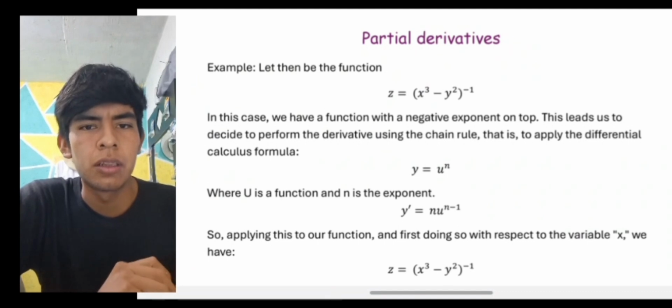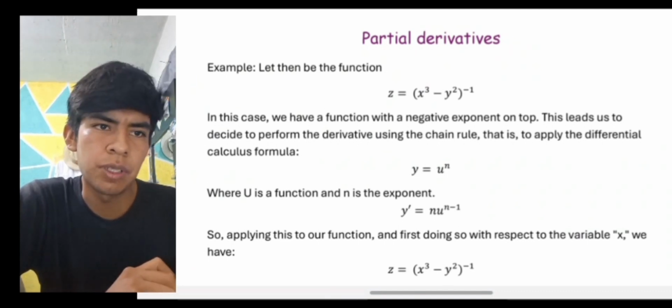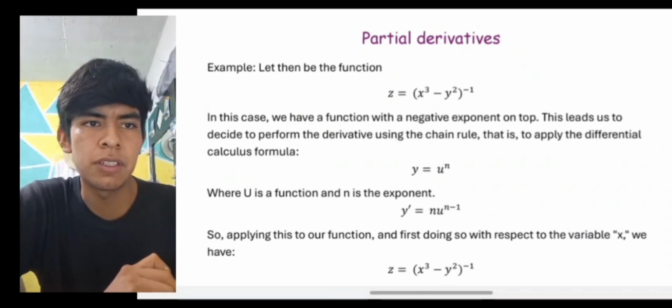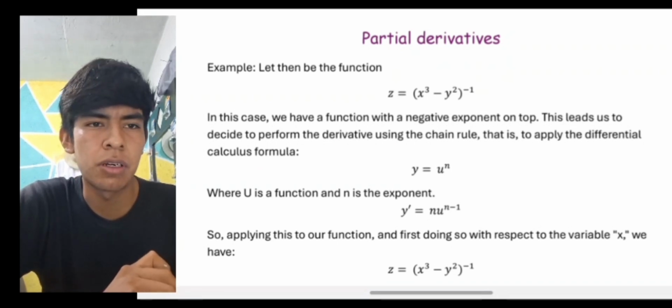Example: let z be the function z = (x cubed minus y squared) to the power of minus 1. In this case, we have a function with a negative exponent.